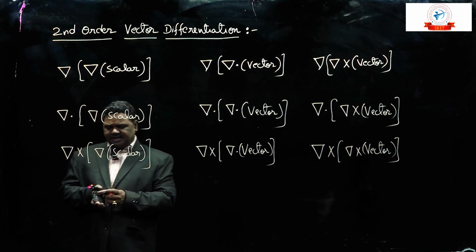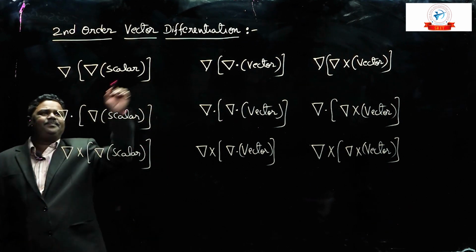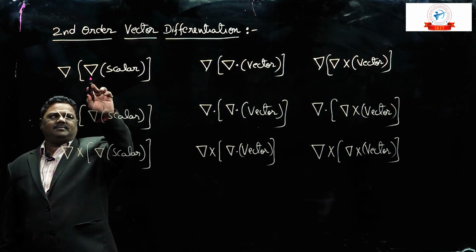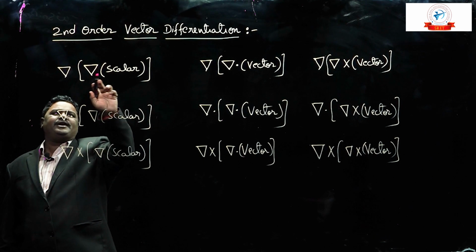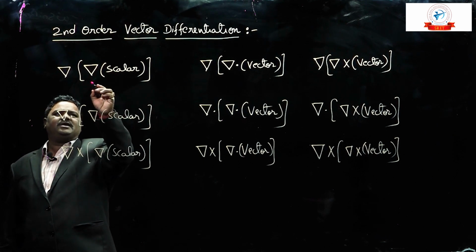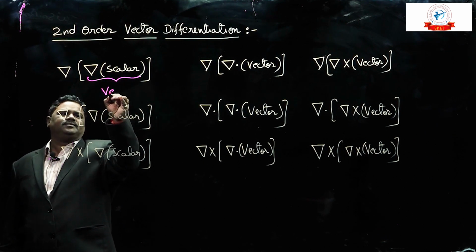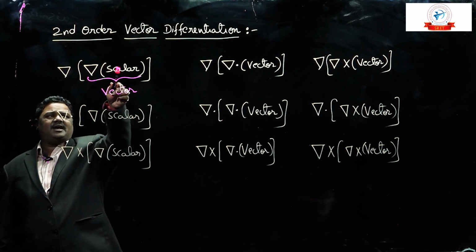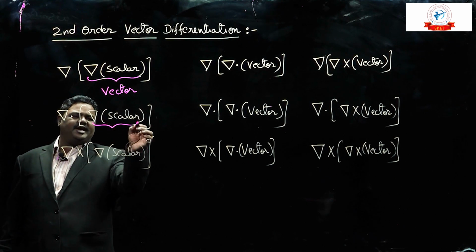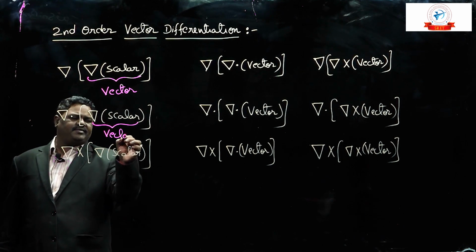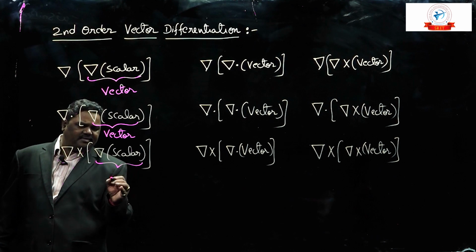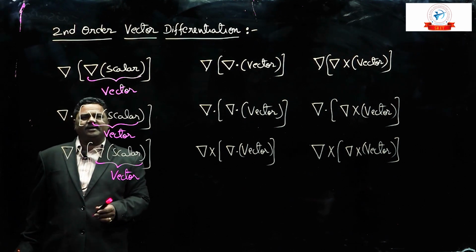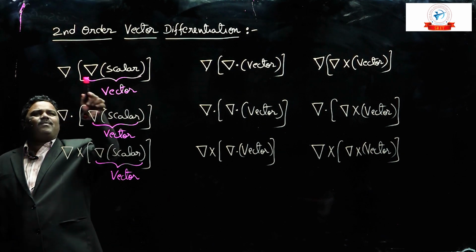Let us examine them one by one. First come to this combination. Here del is a vector and this is a scalar. A vector into a scalar gives again a vector. That means the gradient of a scalar is always a vector quantity. Now on this vector quantity we are applying gradient.